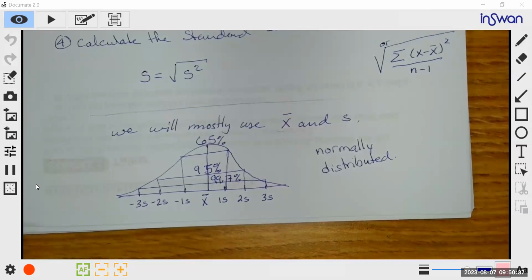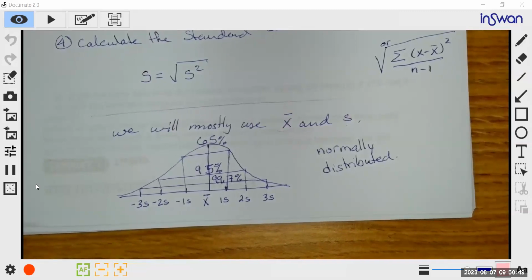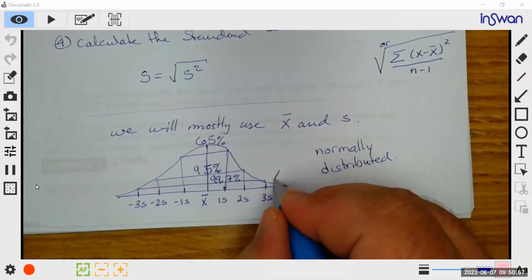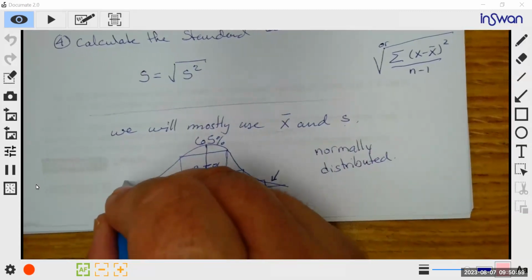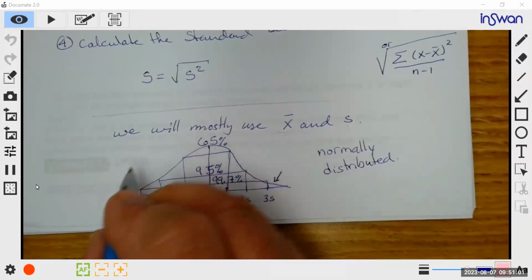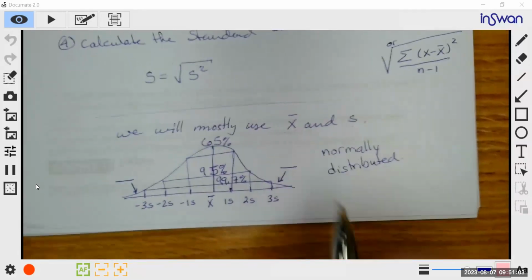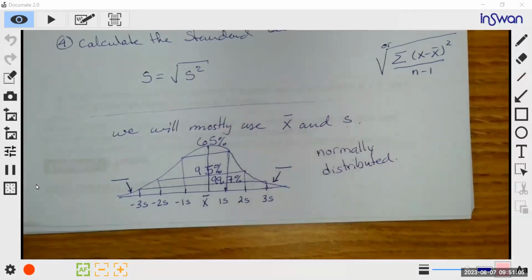So with what we have so far on this normally distributed chart, what amounts are in both of these tails, these ends?